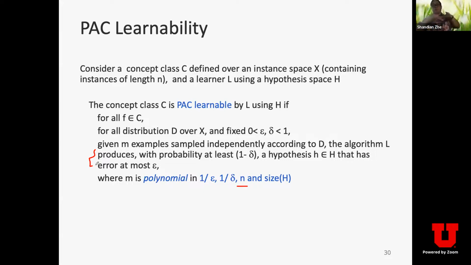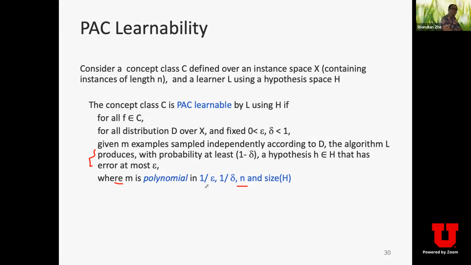So that actually defines what an efficient learning algorithm is. Its efficiency is reflected by the number of training examples it uses. You just use a polynomial number of examples for the performance you want. That's very good.